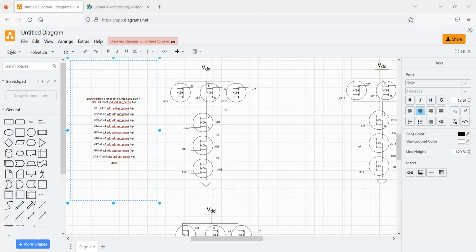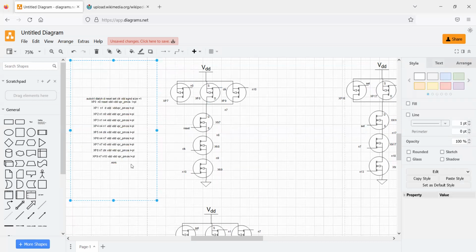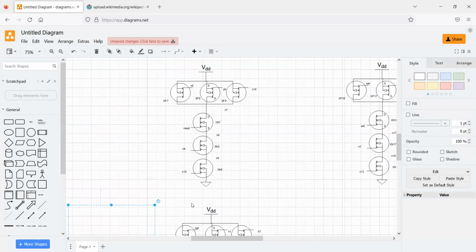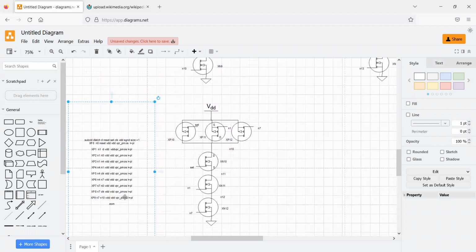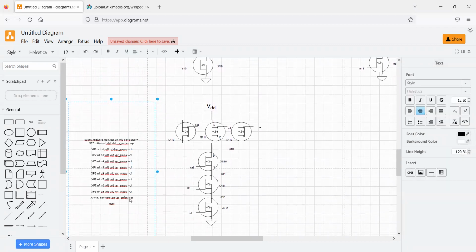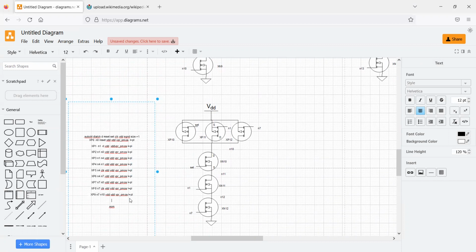Then we have XP10. We have to move to XP10. So XP10, it goes from node 10, then goes to set, then goes to VDD.